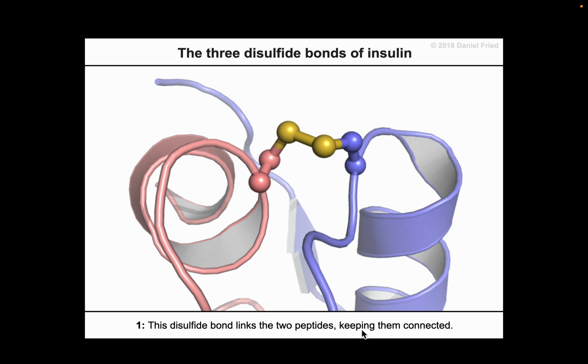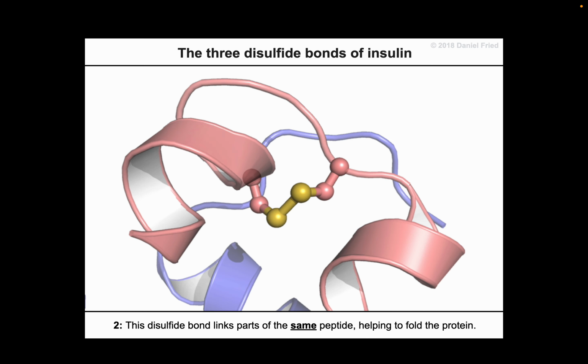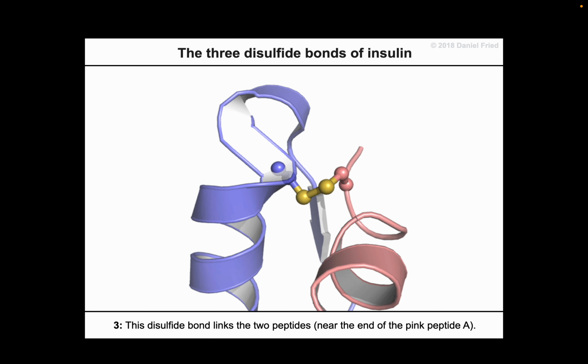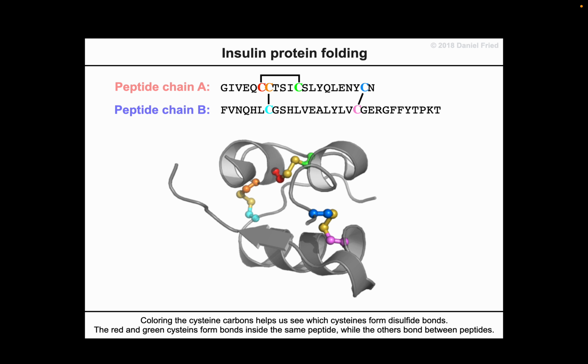This one links the two peptides, keeping them connected. This one links part of the same peptide, helping to fold the protein. This one links the two peptides near the end of the pink peptide A. Counting the cysteine carbons helps us see which cysteines form disulfide bonds. Red and gray cysteines form bonds inside the same peptide, while the others form between peptides.